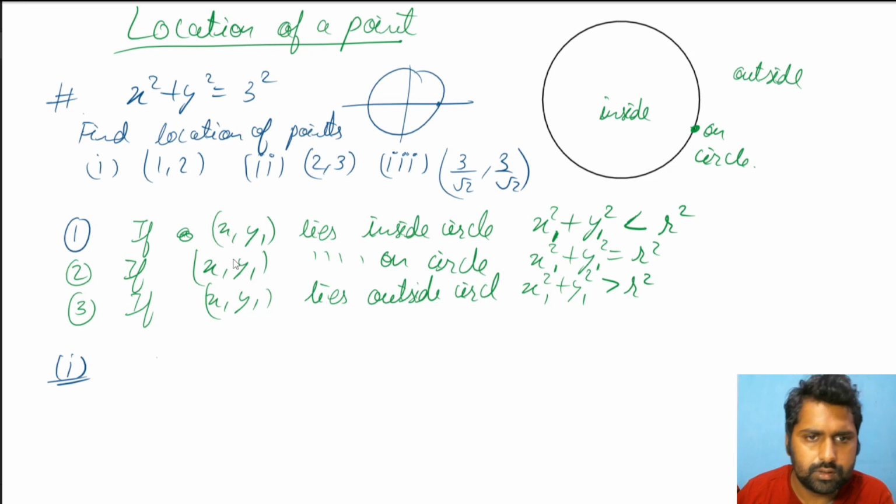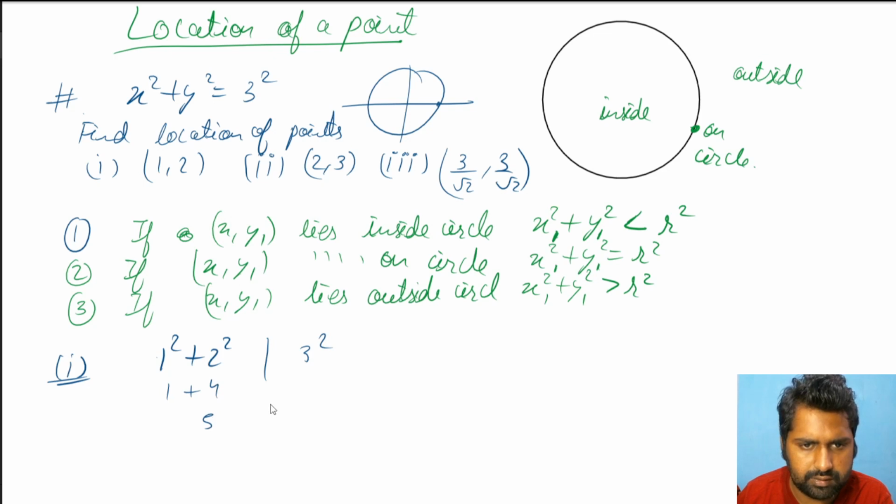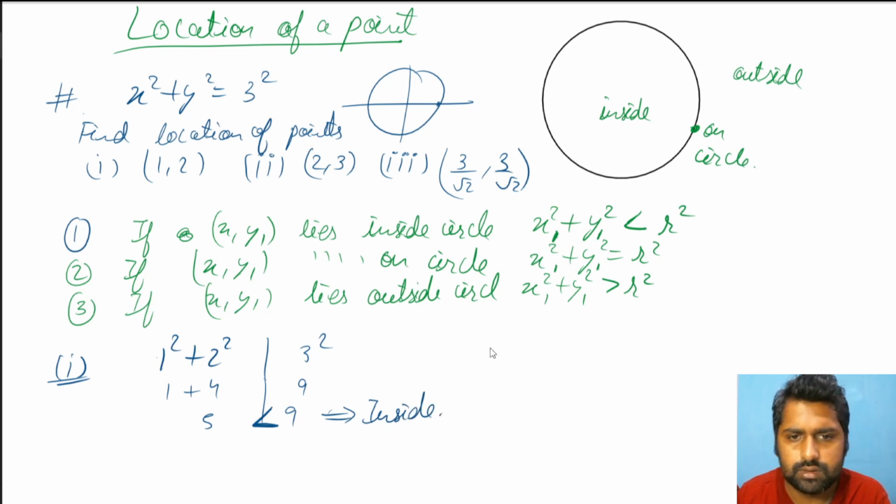Let's put (1, 2) in the equation. So 1 square plus 2 square, right side is 3 square. 1 square is 1, 2 square is 4, so 5, and this is 9. So it is coming less than the radius square, which means inside. So this point lies inside the circle.